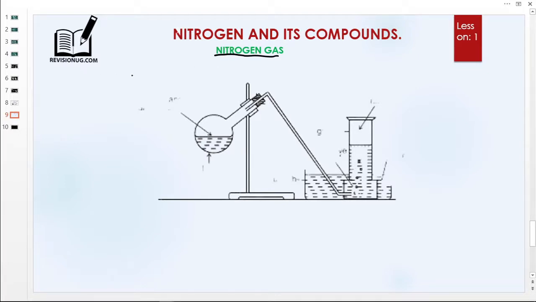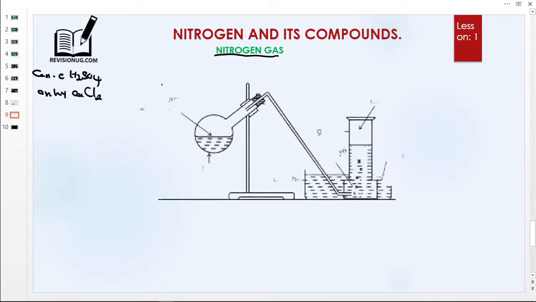In the laboratory, we've seen the isolation method from air, using copper turnings to absorb oxygen and carbon dioxide being absorbed by concentrated sodium hydroxide or potassium hydroxide. And we said if we need this nitrogen dry, we use drying agents such as concentrated sulfuric acid, and also anhydrous calcium chloride.